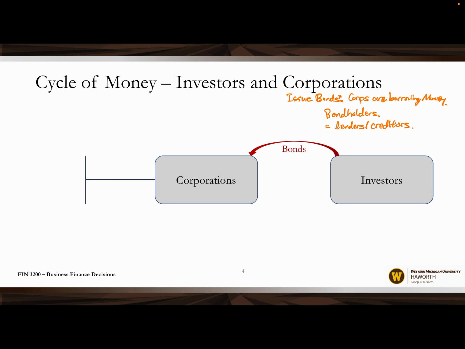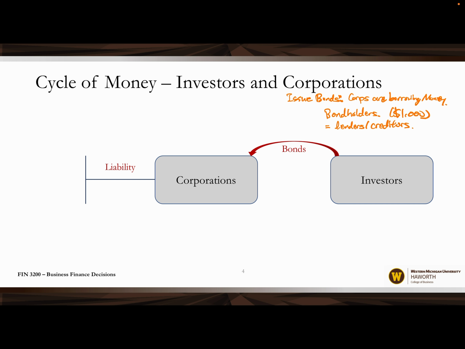For this example, let's just say corporations issued bonds and investors bought $1,000 worth of bonds. That money gets recorded on the right-hand side of the balance sheet.